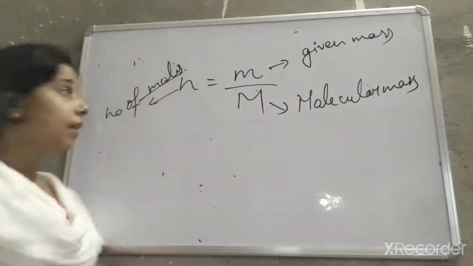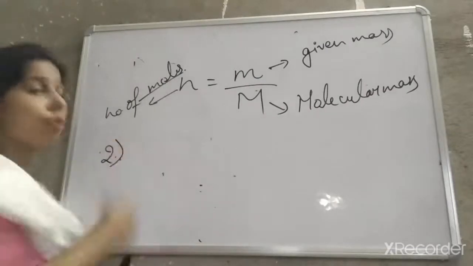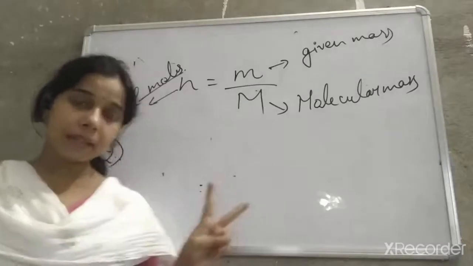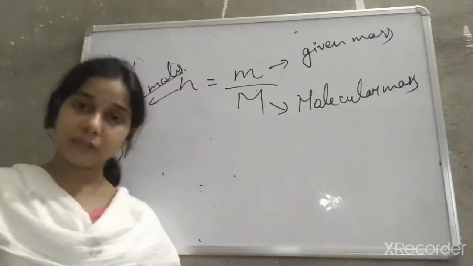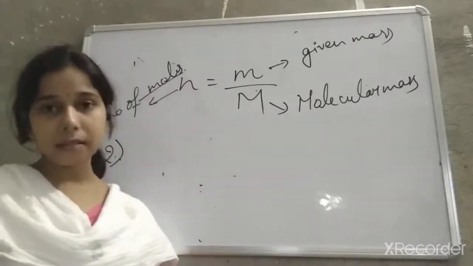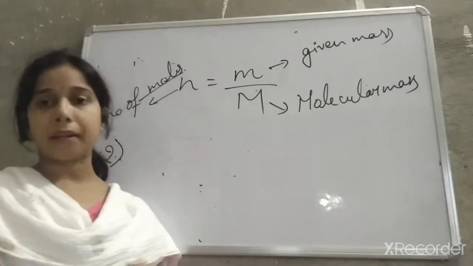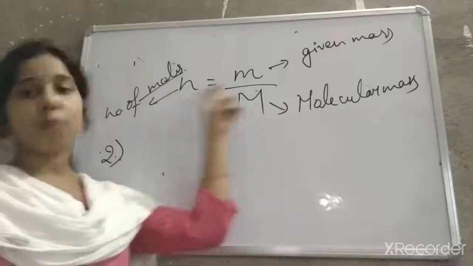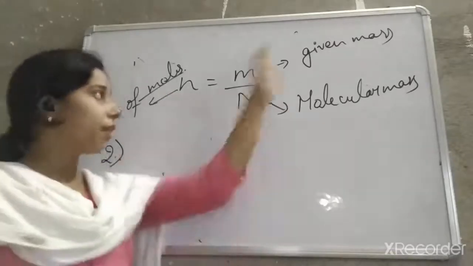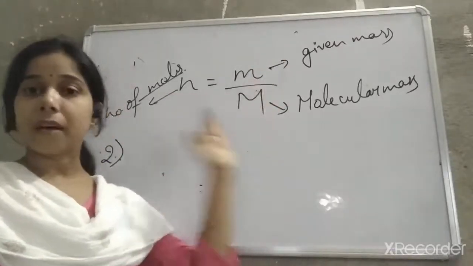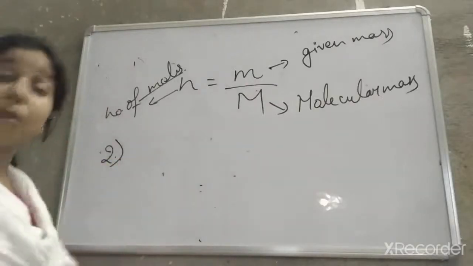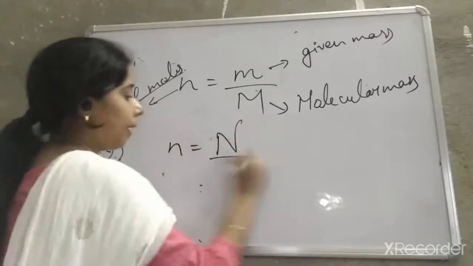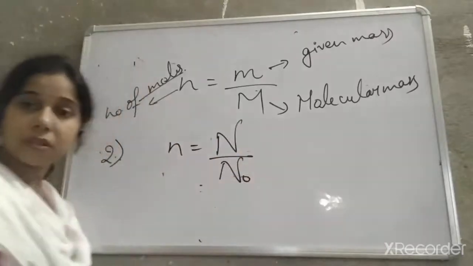Then the second formula shows the relationship between the mole and the number of particles. We studied, students, that the mole is related to the given mass as well as to the particles. The first relationship is between the number of moles and the mass: given mass upon molecular mass. If we talk about the number of particles, the number of moles equals capital N upon N naught.